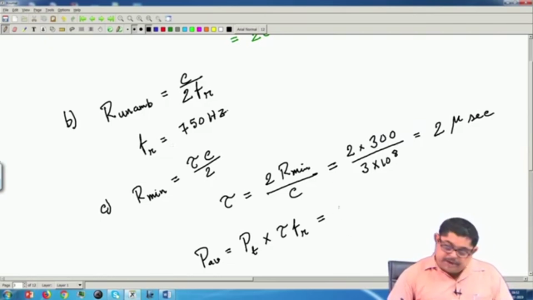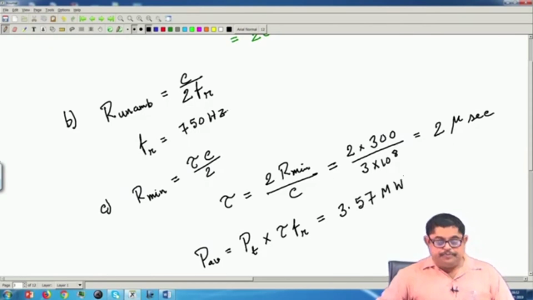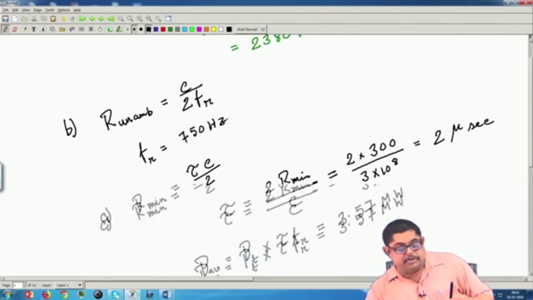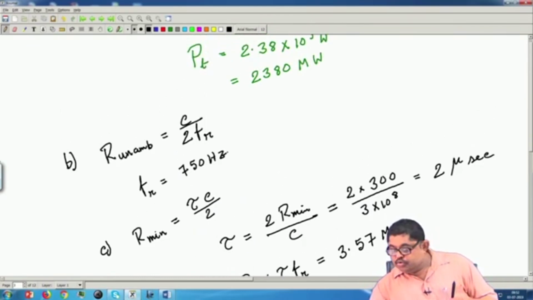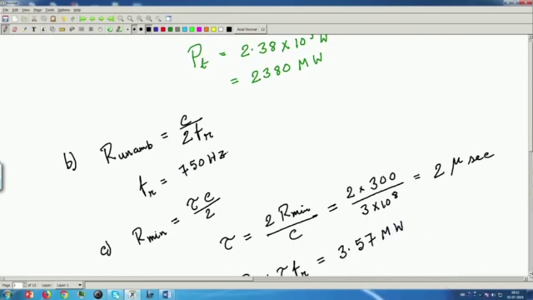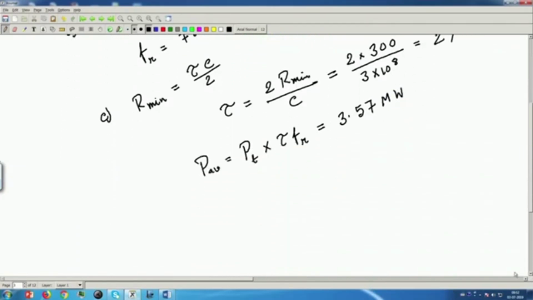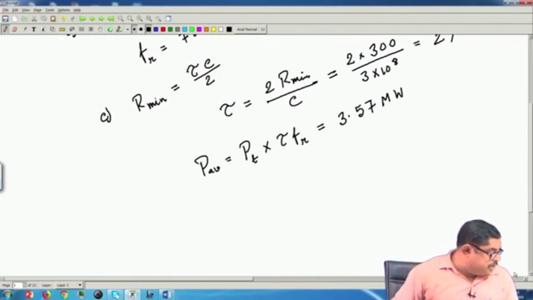If you put all these values, it will turn out to be 3.57 megawatt. You see, what was the peak power? It was 2.38 gigawatt and the average power is reasonable, 3.5 megawatt or so.